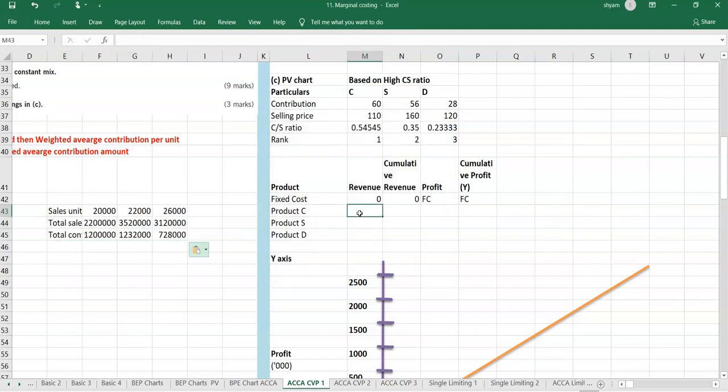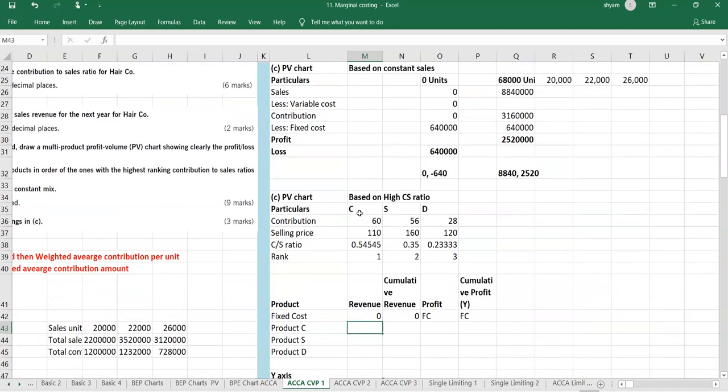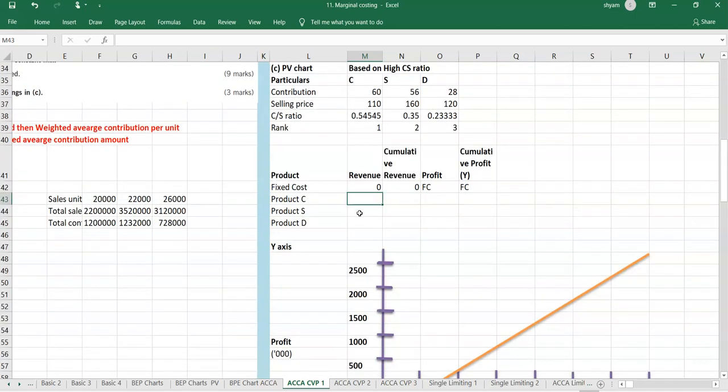So we'll start. The revenue is, we have cut already 3 zeros. So we'll do the same thing here. So it will be 2,200.